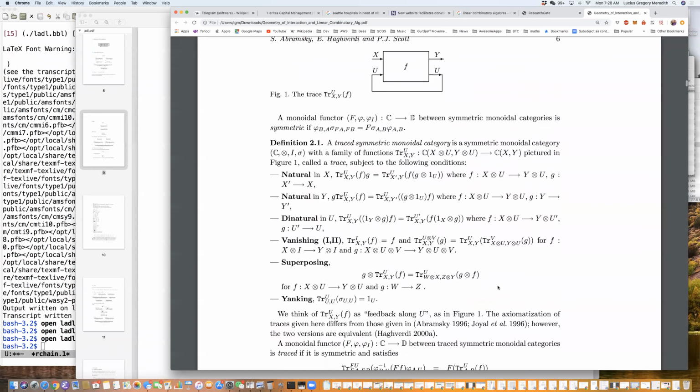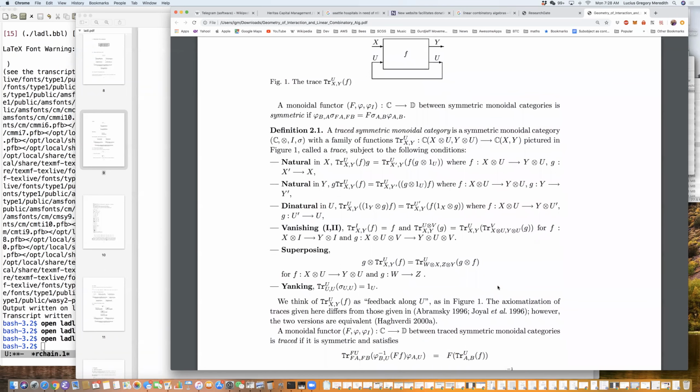So in general, we would have to do this and motivate it. That will require quite a bit of unpacking, because we'll have to unpack what a symmetric monoidal category is, and then talk about these conditions and motivate them.